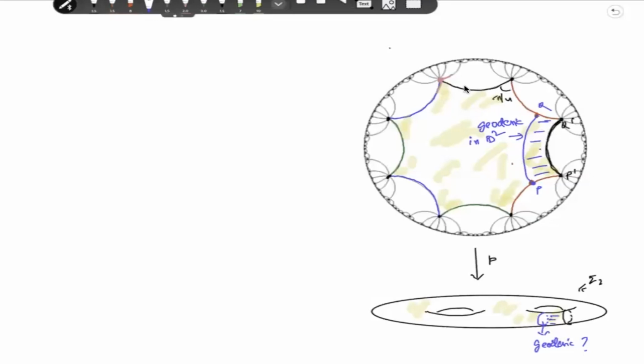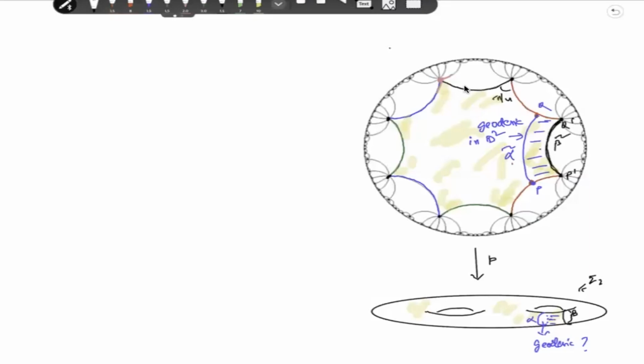Let me give names. The blue one, let us call alpha tilde, and projected down, alpha. The black one is beta tilde, and downstairs it is beta. So the closed curve alpha is homotopic to the closed curve beta.